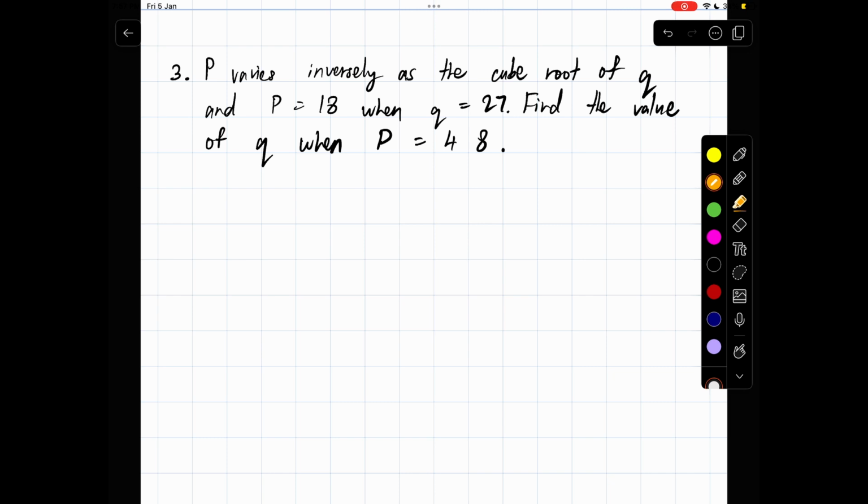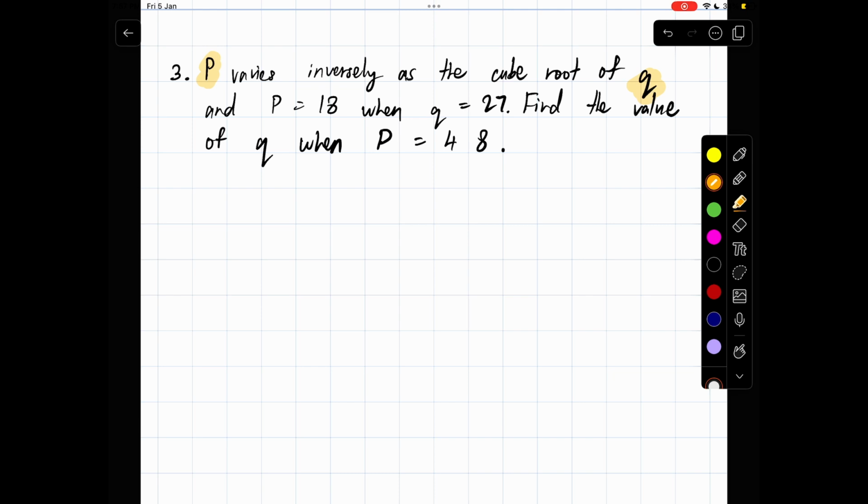Dissecting the question, P varies inversely as the cube root of Q. So first things first, the unknowns are P and Q. Remember, if it's a capital P, make sure you use capital P all the way. This little bit of nuance plays a big role when it comes to examiners marking a paper.